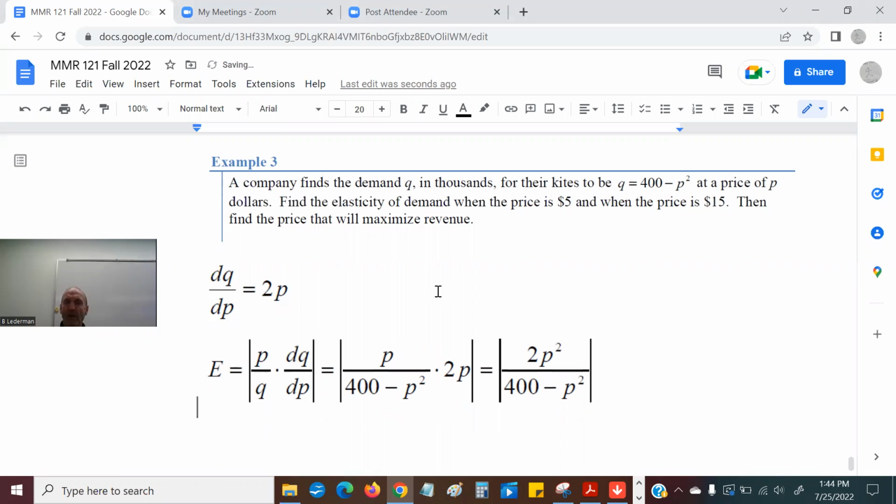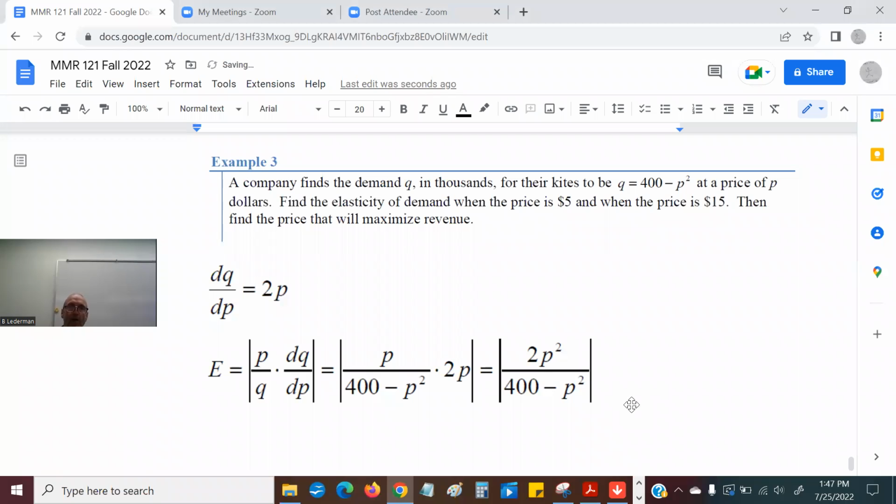And putting it all together, we get E is equal to the absolute value of 2P squared over 400 minus P squared. And now all I have to do is plug in P equals 5, get my first answer, plug in P equals 15, and get my second answer. It's as simple as that.